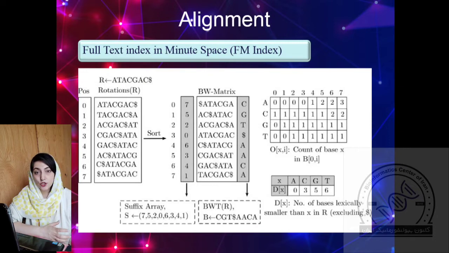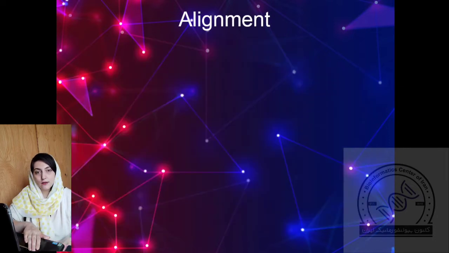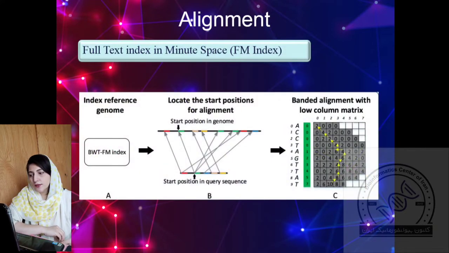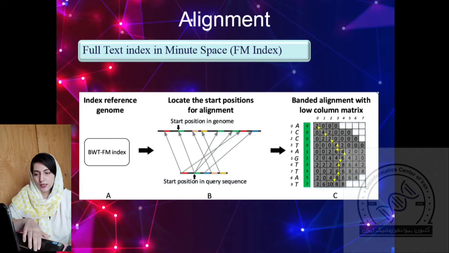So this takes less time and makes the alignment easier. As you can see here, the BWT-FM index for a reference genome works like this: which nucleotide is in which position in the query of the genome, and what the alignment and its result are.